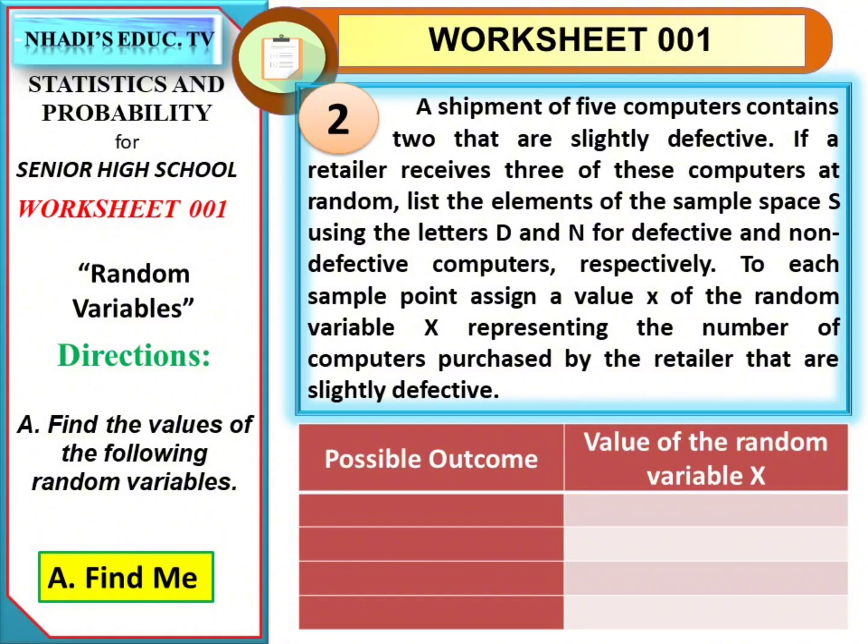To each sample point, assign a value x of the random variable X representing the number of computers purchased by the retailer that are slightly defective. So again, we have here the table. You need to fill it out. You need to give the possible outcome and the value of the random variable X.